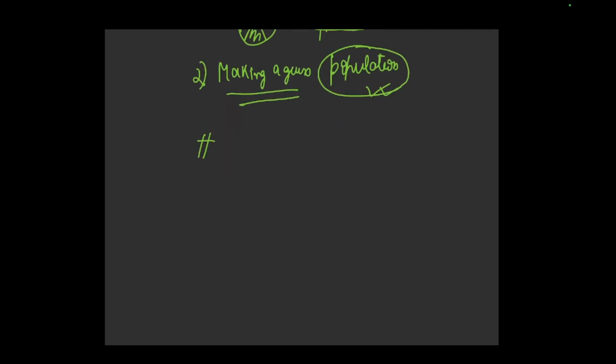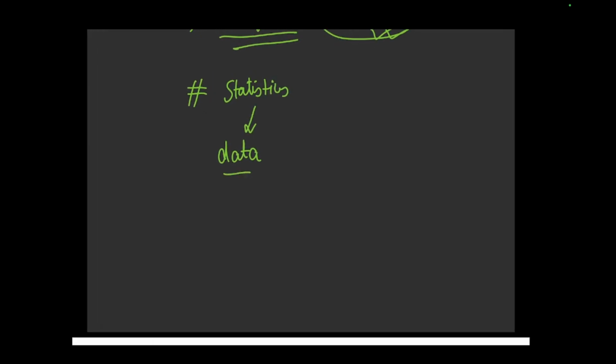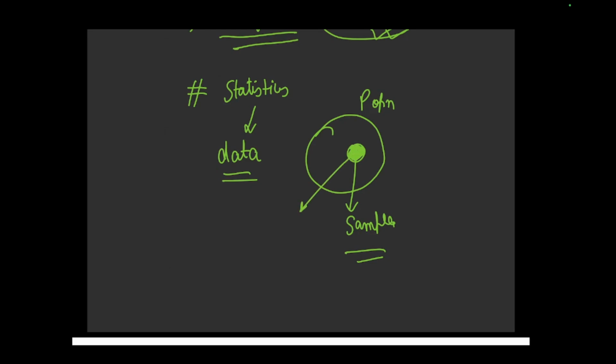Also the third point, which is the main crux of this whole chapter: in statistics, we consider data for making a bold assumption on the whole population. If we consider this as a whole population, a small part of it would be the sample. What is represented in the book is that this sample should be representative of the population.